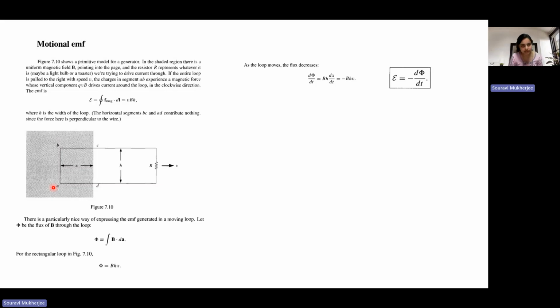And we know that moving charges in a magnetic field experience a force, which is given by Q into V cross B. So the force per unit charge will be given as V cross B, right? This is what we get.